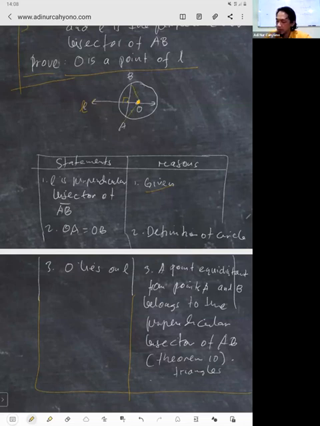Third, O lies on L, because a point equidistant from points A and B belongs to the perpendicular bisector of AB, and this is a theorem about triangles. Punya suatu titik yang jaraknya sama dengan 2 buah titik, maka garis yang tegak lurus itu pasti akan melewati titik yang mempunyai panjang yang sama.